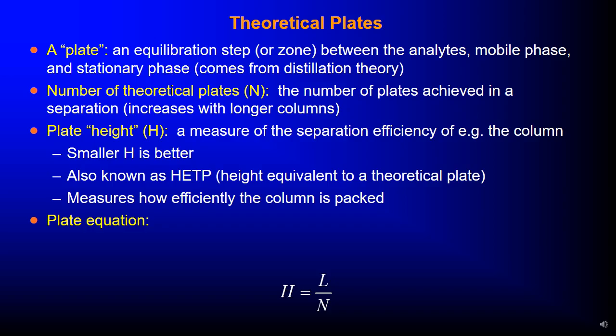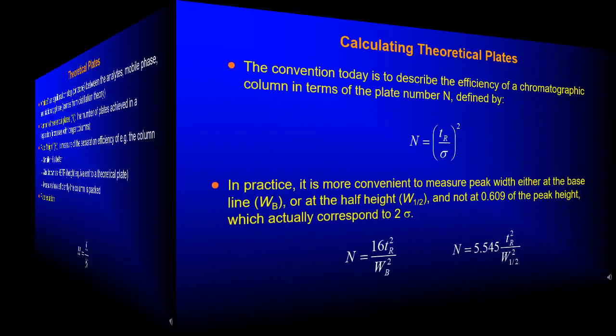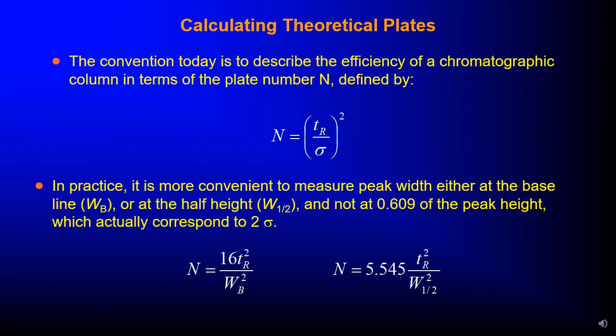And this is just calculating theoretical plates. Ideally a plate is something physical, but today it is used to describe the efficiency of a chromatographic column: the number of theoretical plates, or plate number.